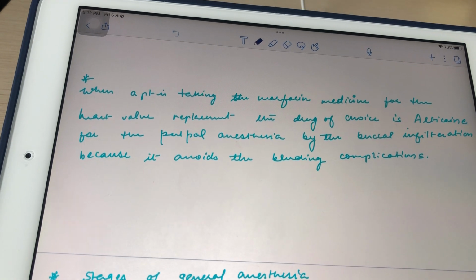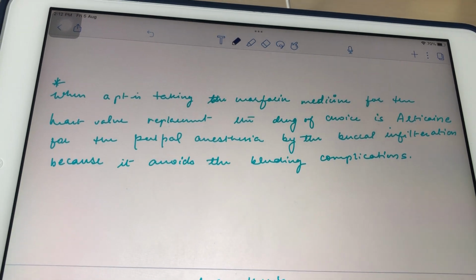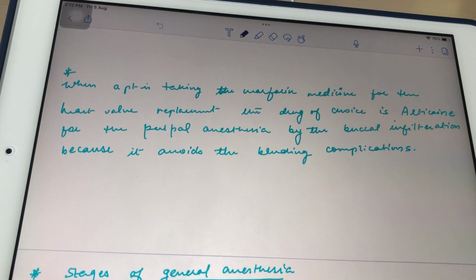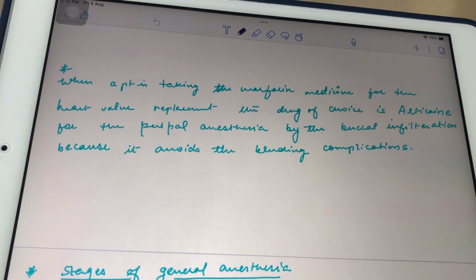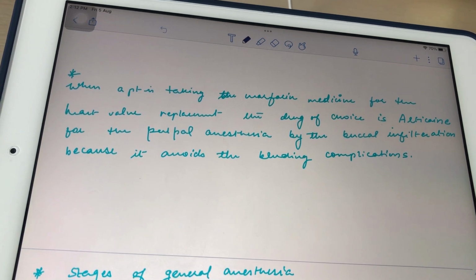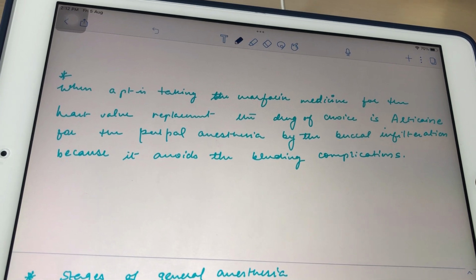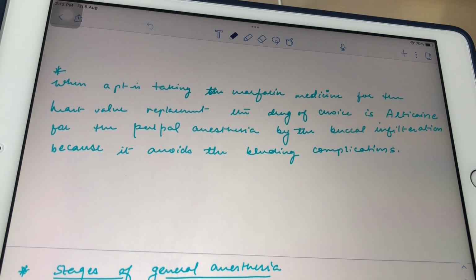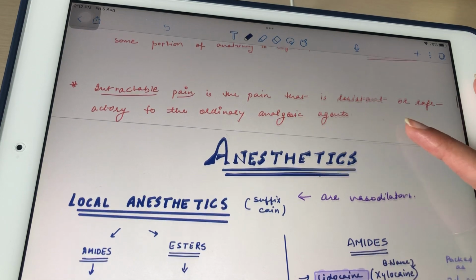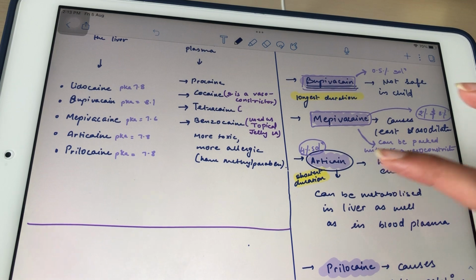So now the bleeding complications can be easily avoided. And second thing is, articaine is short acting, so it will not be having too much time in the system. Hence, it is a good choice for the patient having warfarin medicine. Here, shortest acting.